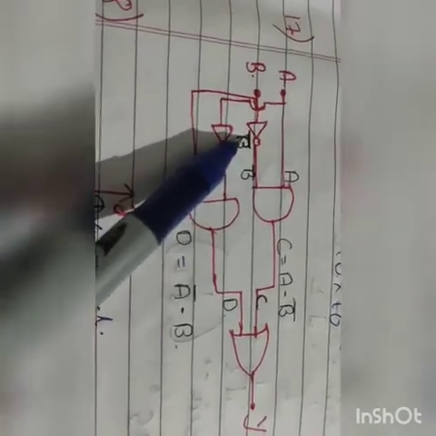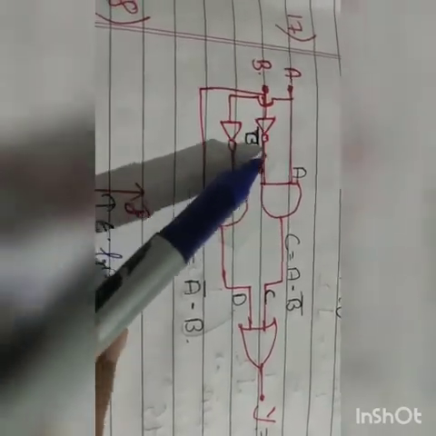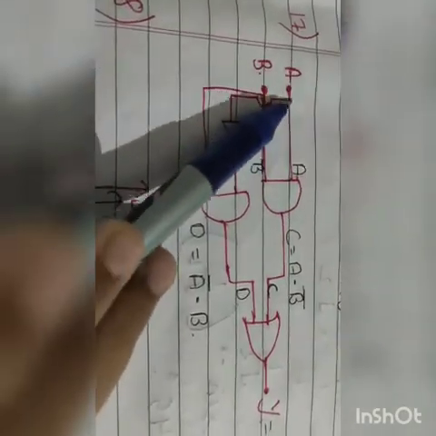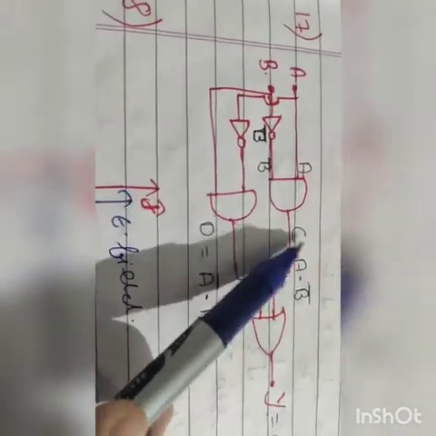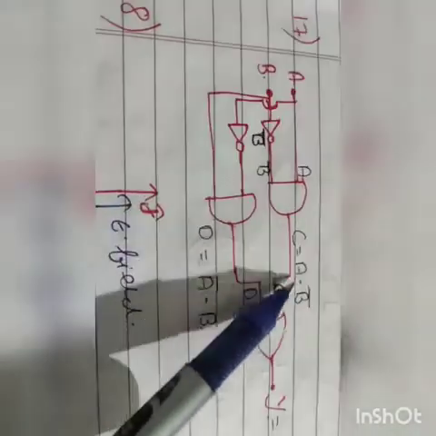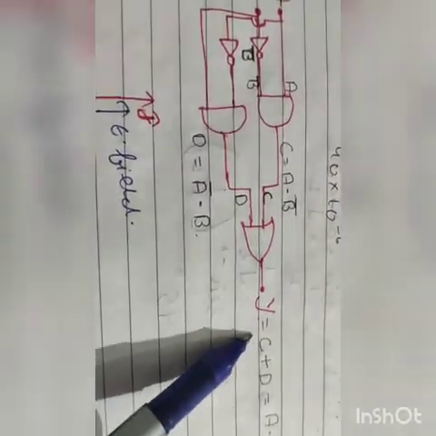So B, the upper line is added, a mod is added, so dash is added. So here that B dash continues to here, and the A is here is nothing. So in this gate, C, its value is A into B dash. So its C value will continue here, and the Y is equal to C.